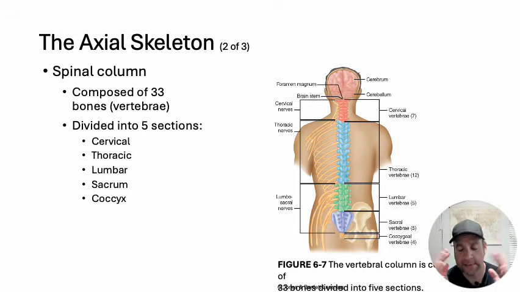The spine itself is composed of 33 individual vertebrae, and it's organized into five divisions. We talked about the cervical vertebrae, C1 through C7. These 7 vertebrae form the neck. The first cervical vertebra has a special name. We call that the atlas, and it supports the skull.